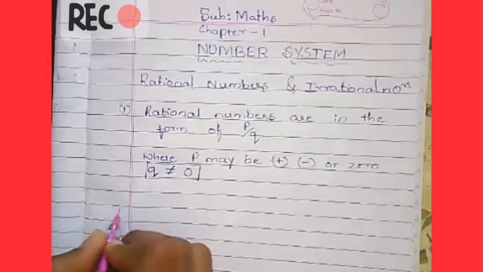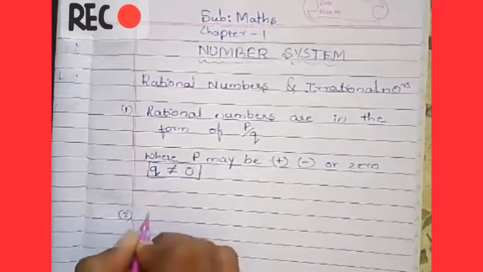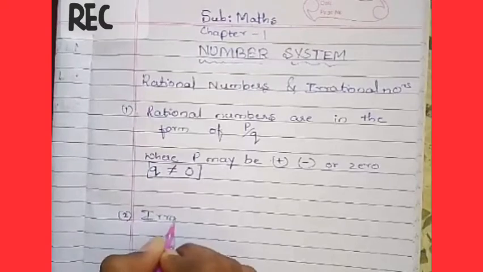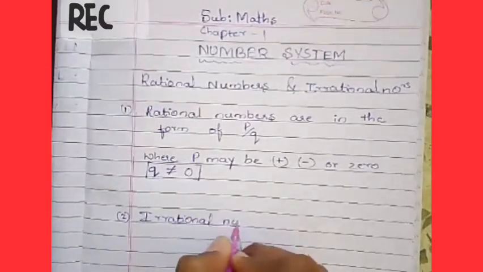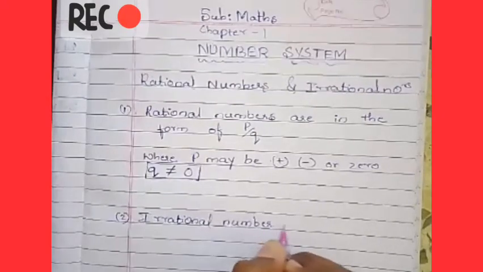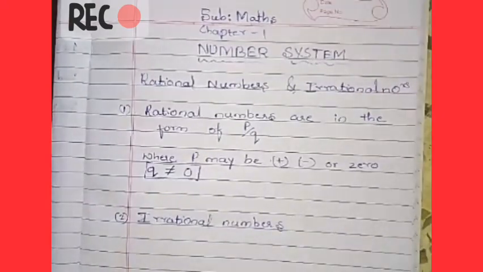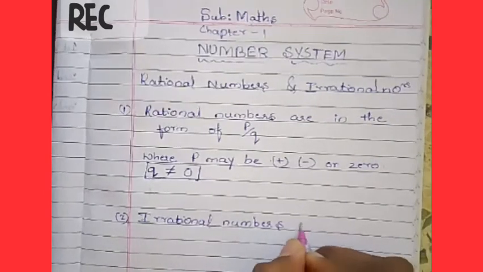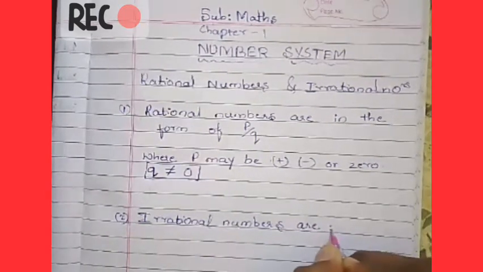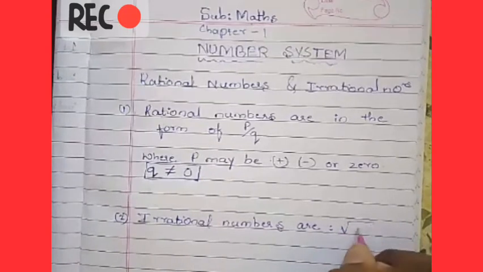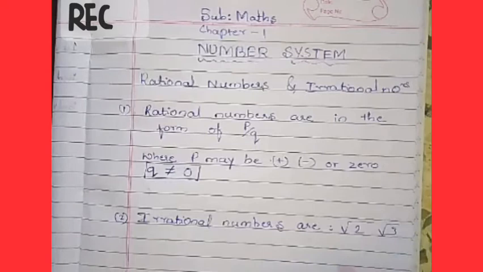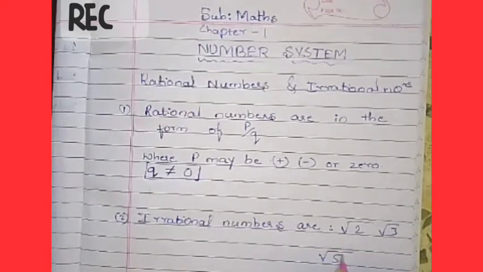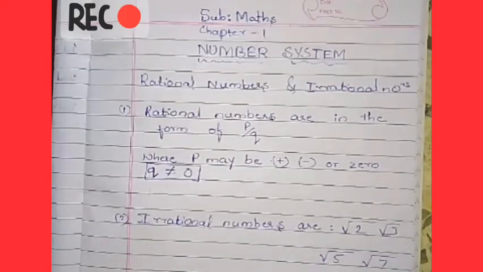Now what is an irrational number? What are irrational numbers? Let's recall. Irrational numbers are square root 2, square root 3, square root 5, square root 7.